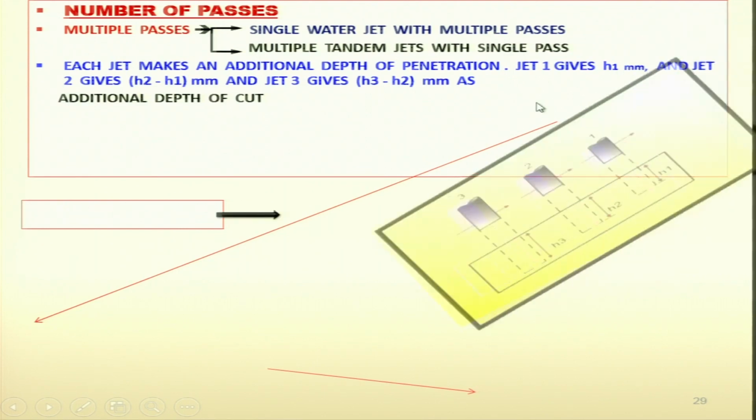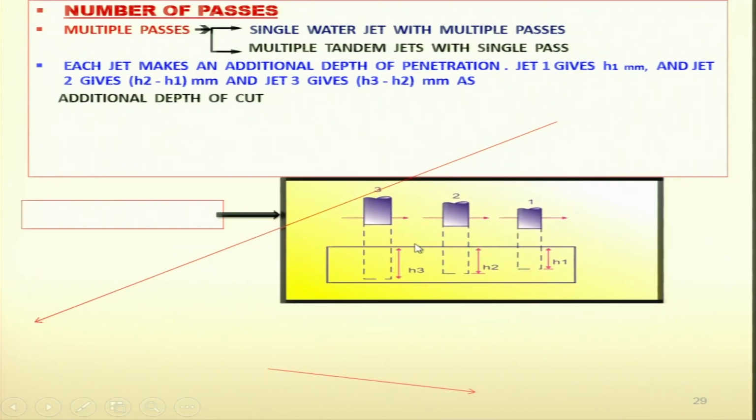Jet 1 gives H1 millimeter, as you can see over here. This is jet 1, giving H1, jet 2 giving H2, jet 3 giving H3, meaning total H3. The cut made by jet 2 is not H2 but H2 minus H1, and by jet 3 is H3 minus H2, and all three are cutting simultaneously.